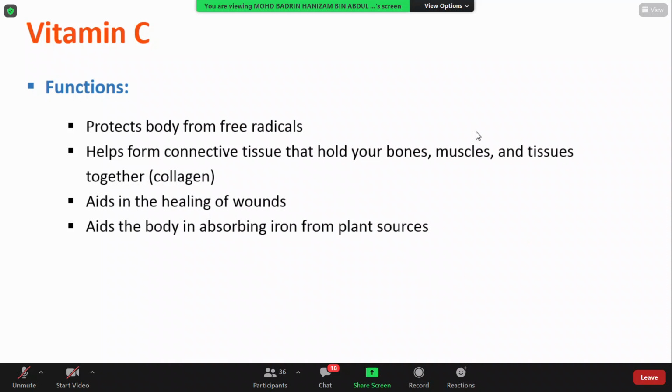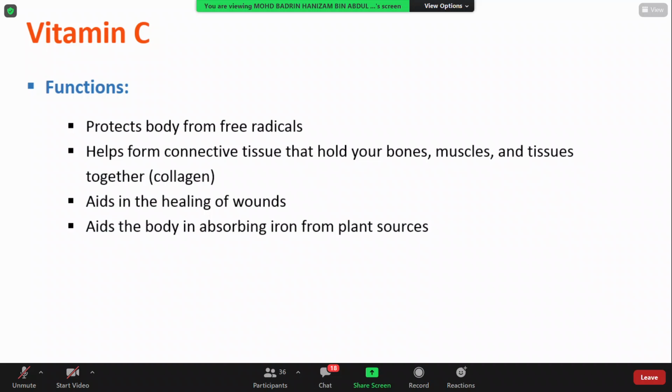So vitamin C aids in the healing of wounds, because vitamin C is responsible for collagen, muscle tissue construction. It also aids the body in absorbing iron from plant sources. So if you have a good amount of vitamin C in your body, when you eat plant sources, it helps the body in absorbing the iron.